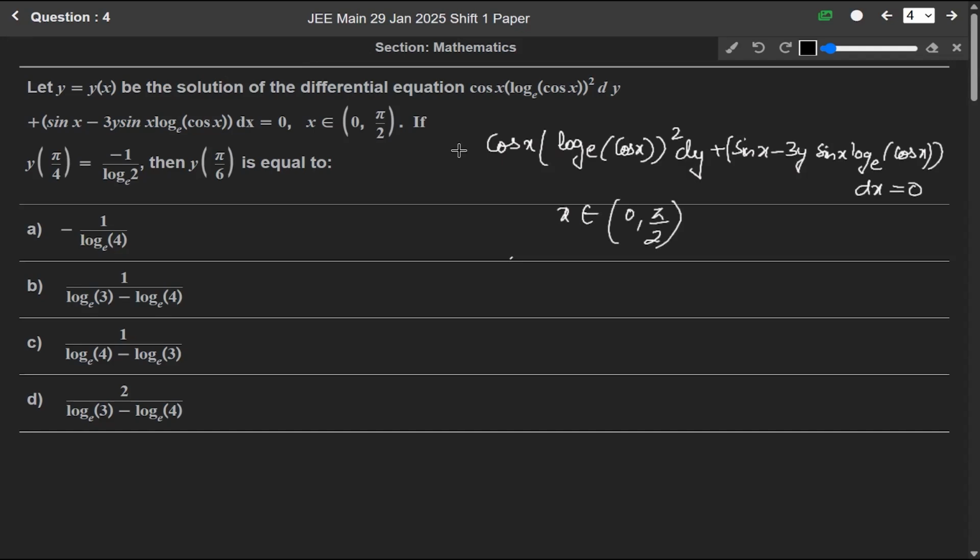If y(pi by 4) is given as this, we have to find the value of y(pi by 6).